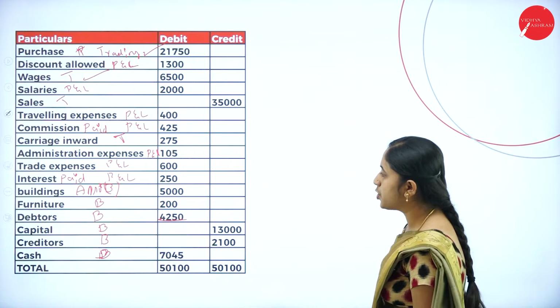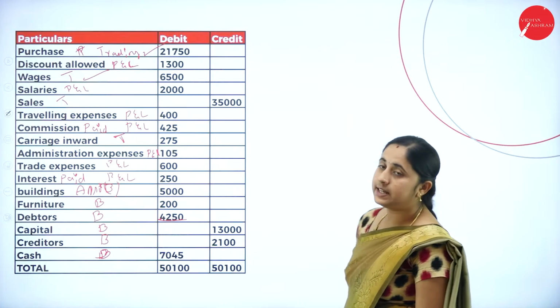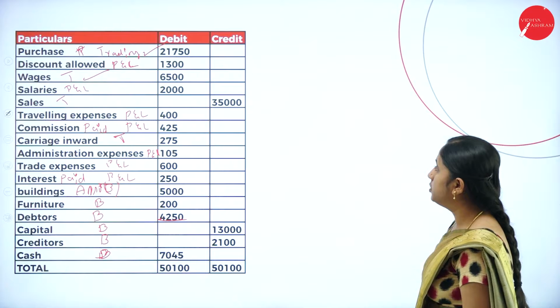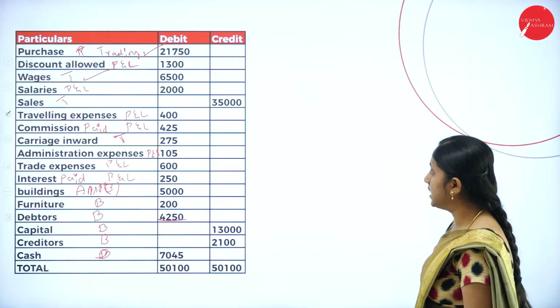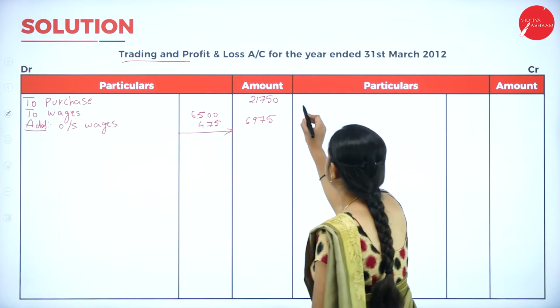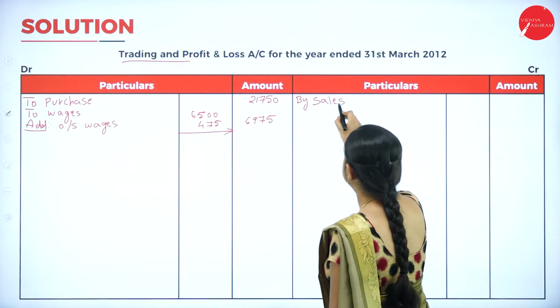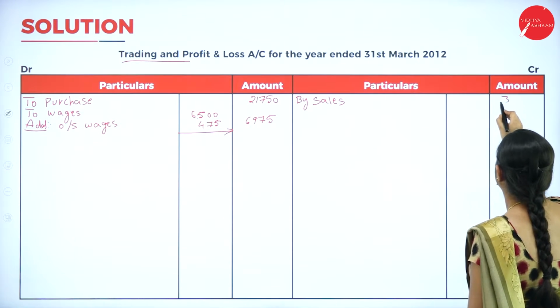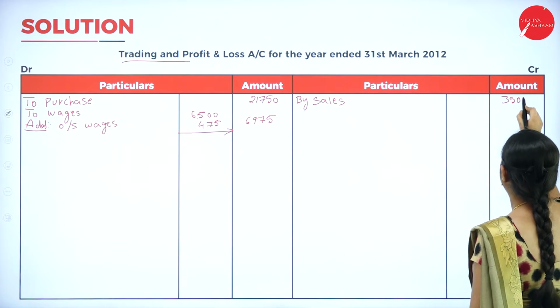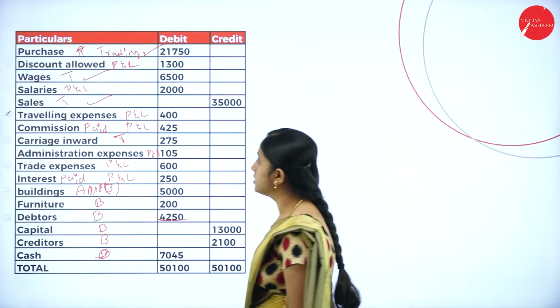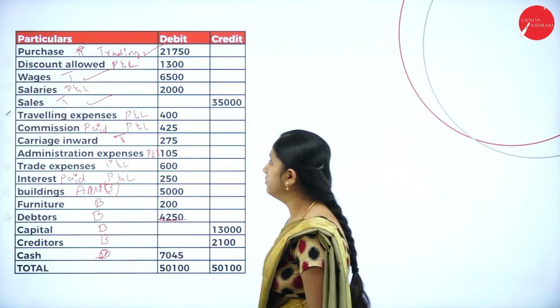Here in this problem, you don't have any sales return or return inwards. So write the sales amount directly in the outer column. Sales 35,000. While writing on the credit side, start with 'by sales' 35,000. Sales 35,000 finished.